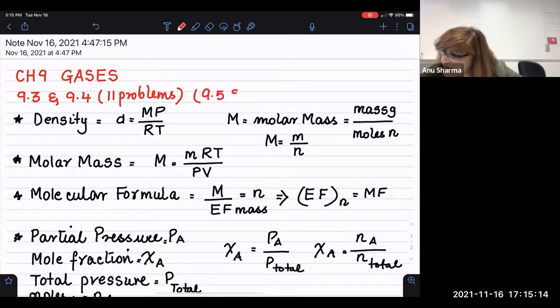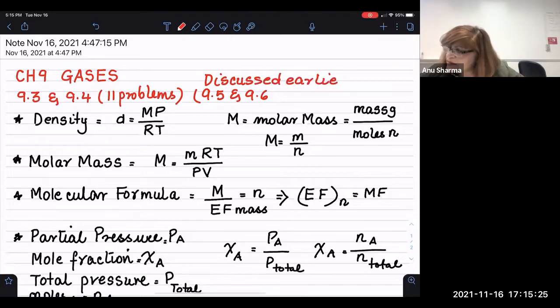9.5 and 9.6 was discussed earlier, right? When we did the first introduction to the gases. But the problems that are in 9.5 and 9.6, leave out, do not do them.